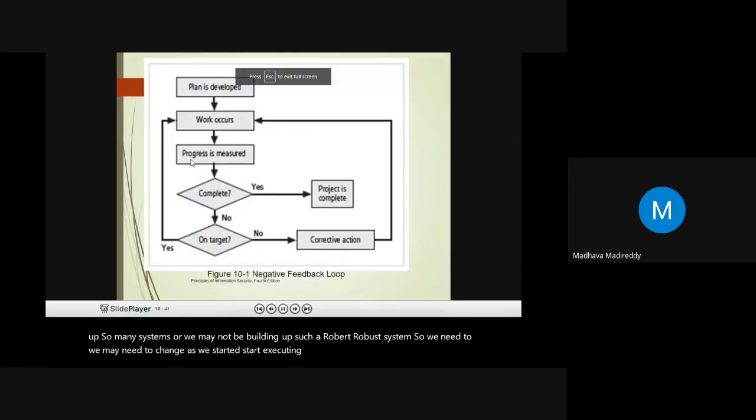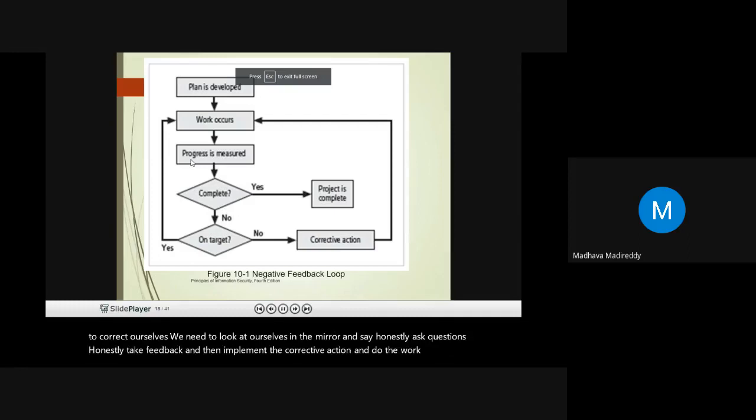Basically, once we develop a plan, the work occurs, and the progress is measured. If we have completed it, it's very good. But if we have not completed it, then are we on course to finish it? If not, we need to take real correction. We need to look at ourselves in the mirror, honestly ask questions, honestly take feedback, then implement the corrective action and do the work again.